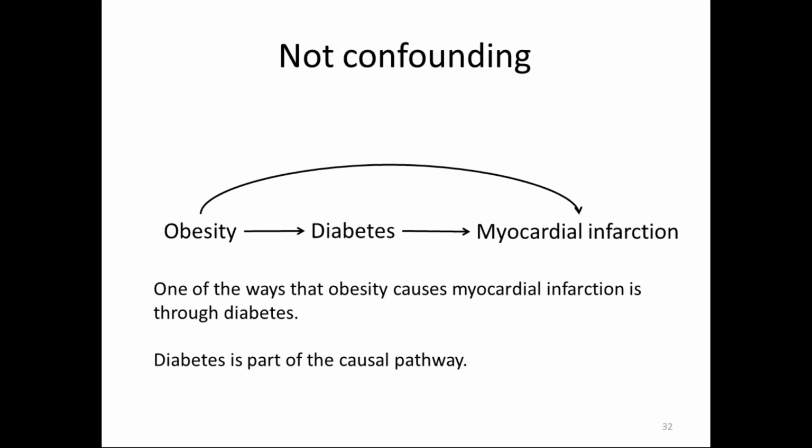You'll sometimes hear people say, oh, if adjusting for the thing changes your estimate by more than 10 or 15%, it's a confounder. This is going to change your estimate if you control for diabetes, because you're essentially pulling out that part of the association between obesity and myocardial infarction. If you're doing it as a mediation analysis, then that's actually what you want to be doing. But if you're trying to control for confounding, you need to think about where things are in the causal pathway in order to decide whether something's a confounder or not.